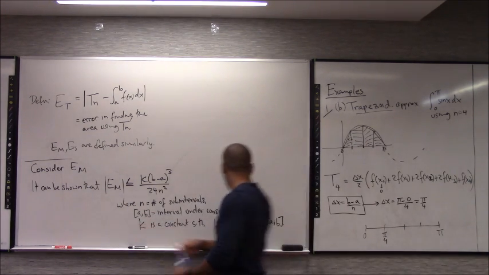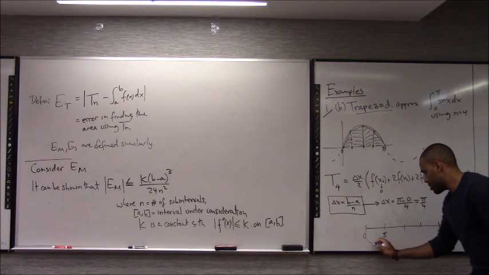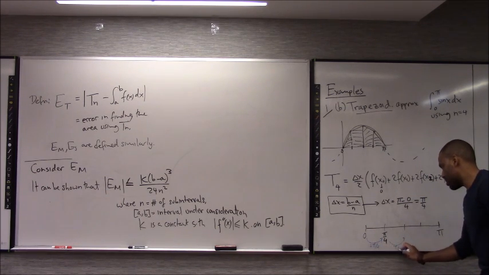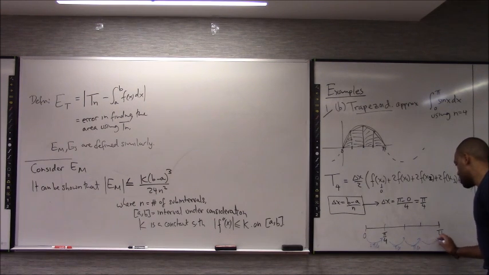So you start at this, you add plus pi over 4. Then you add another pi over 4, then another pi over 4, then another pi over 4, and you should end at pi. Right?